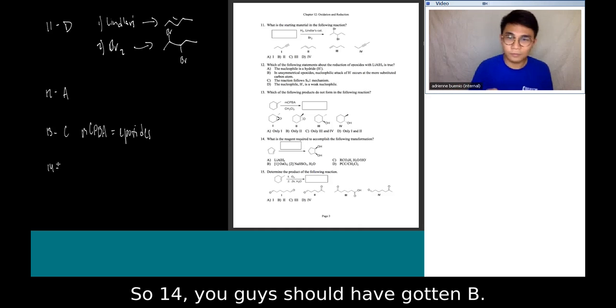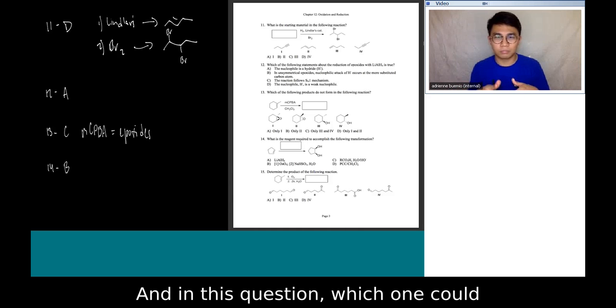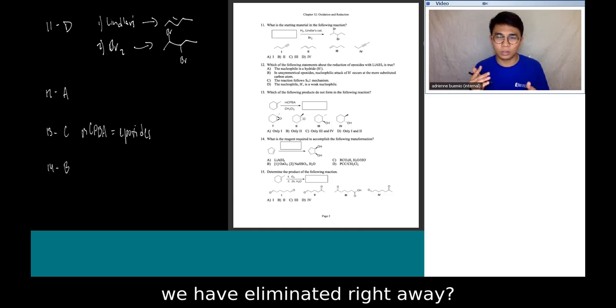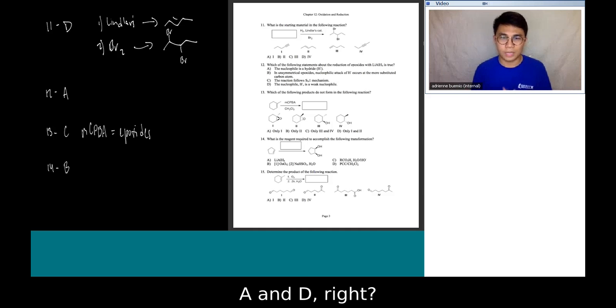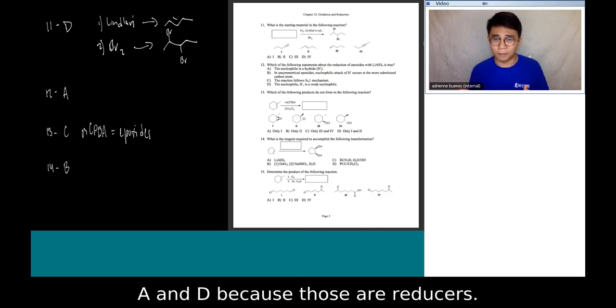So 14, you should have gone B, right? In this question, which ones could we have eliminated right away? A and D, because those are reducers, right?